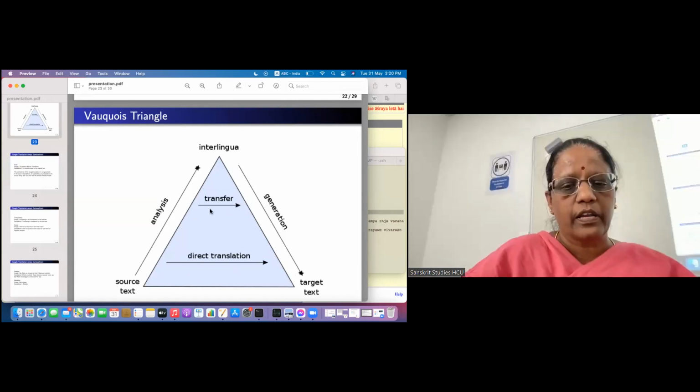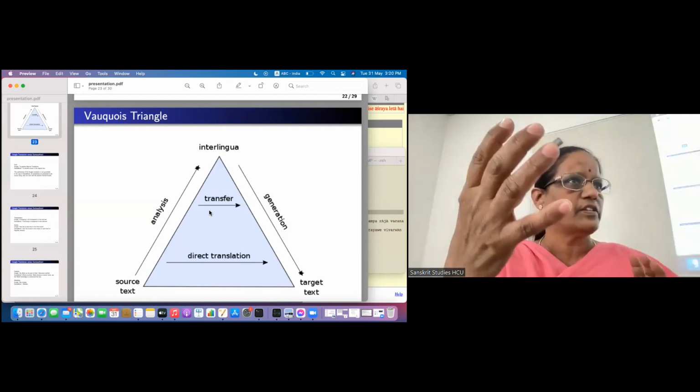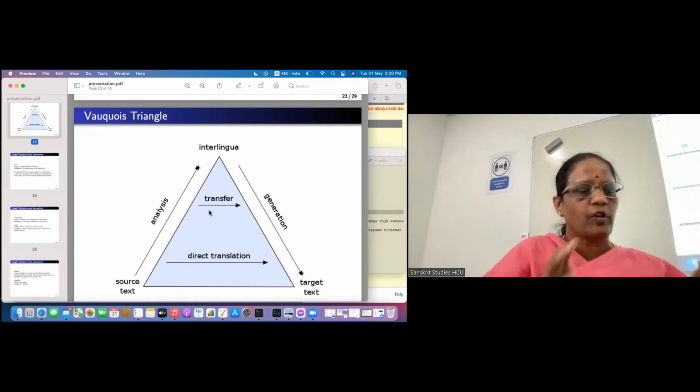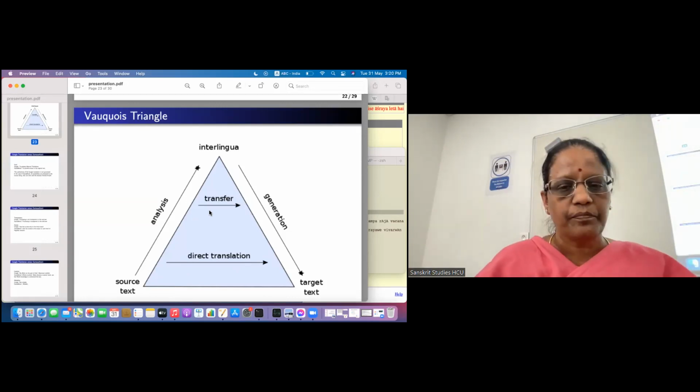In the transfer model, you are doing some kind of analysis, maybe word analysis, and separate the stem from the suffix. And then you translate it into another language. This is a transfer approach.